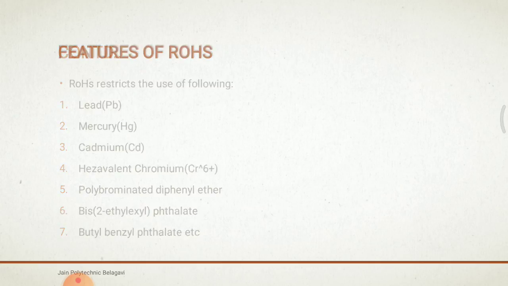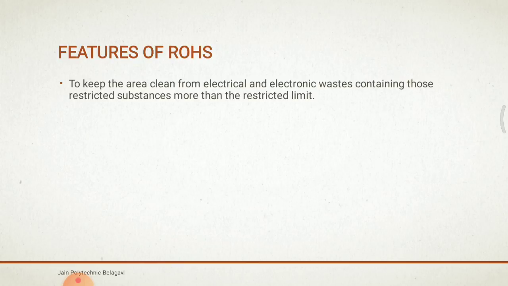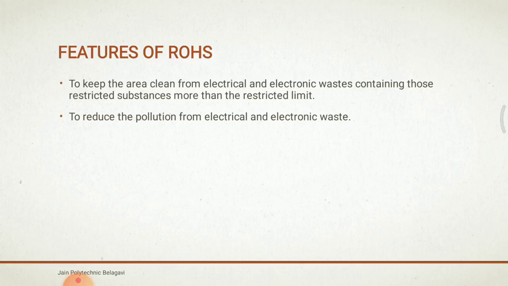So there are some features of RoHS. It keeps the area clean from electrical and electronic wastes containing restricted substances beyond the restricted limits, and also reduces the pollution from electrical and electronic wastes. That is also one feature.